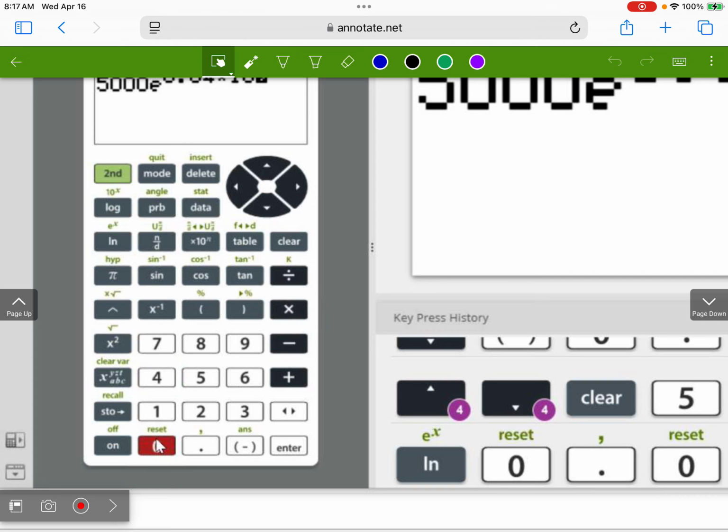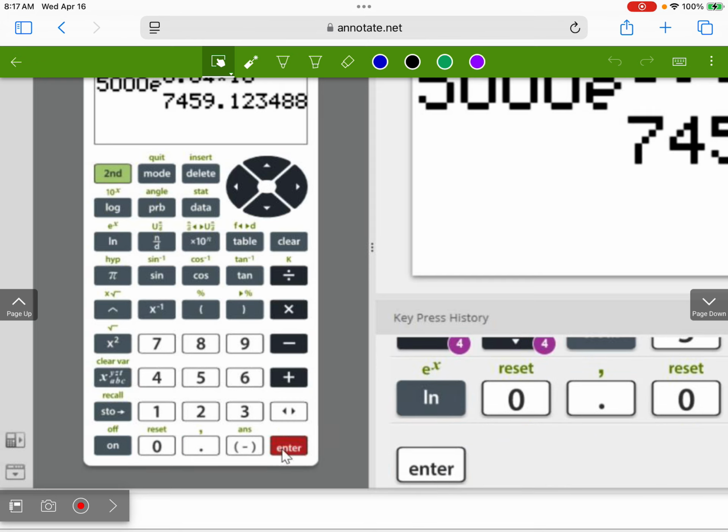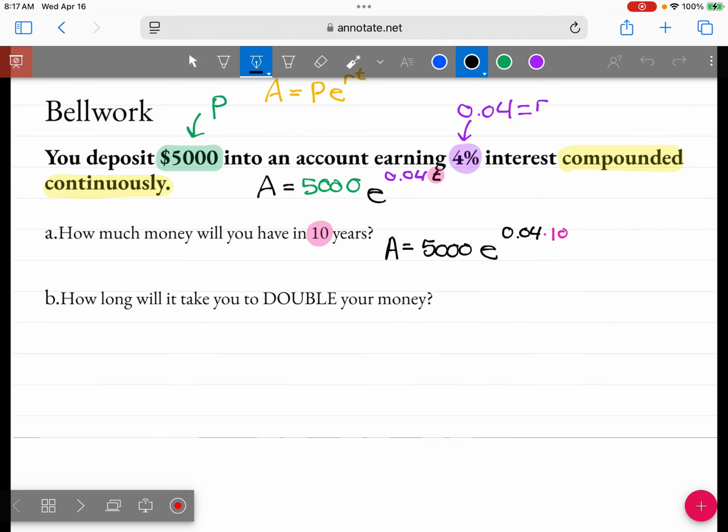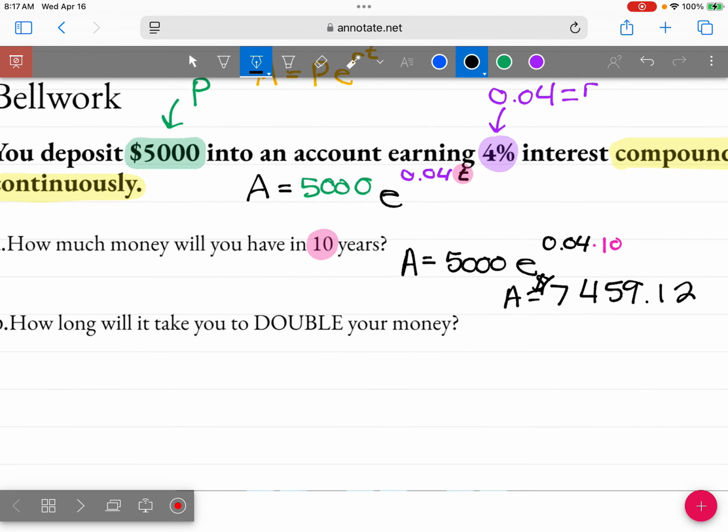You could do that operation, it's just 0.4, but we can put it in just exactly like that. And it gives us $7,459.12. So the amount we would have in 10 years is $7,459.12. So that is very much like how we did it last chapter.